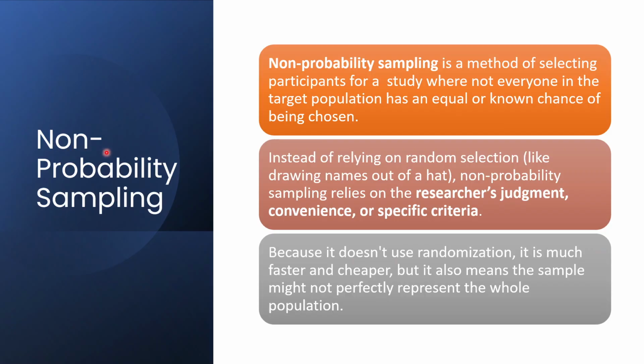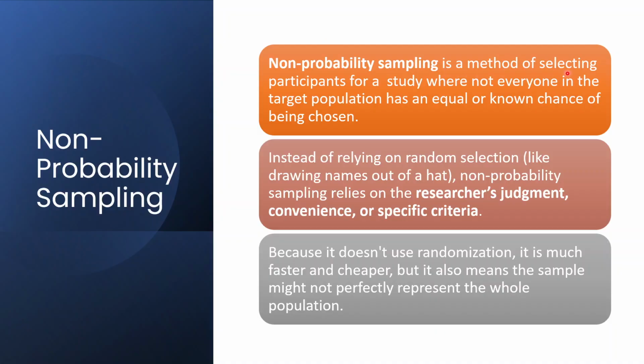Then coming to non-probability sampling. Here, we are not giving enough chances to every individual member to get picked. We are being judgmental, or very specific about the criteria based on which I am picking the elements. So it is called non-probability sampling.